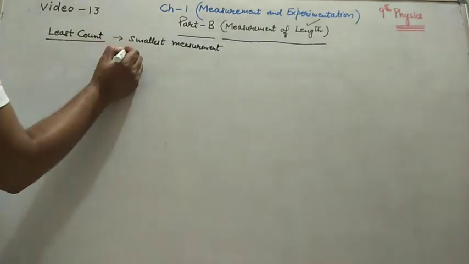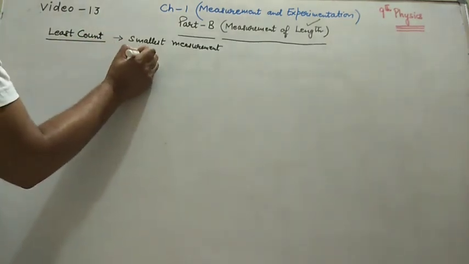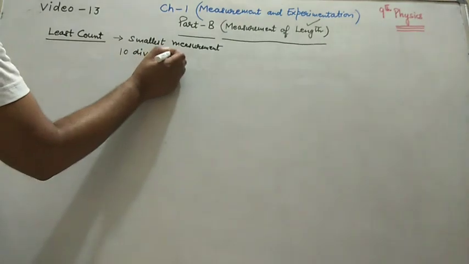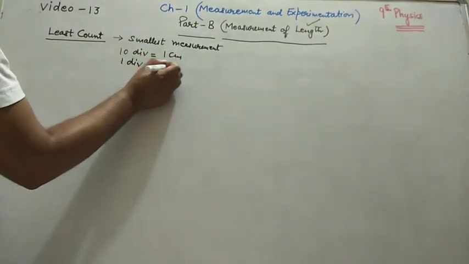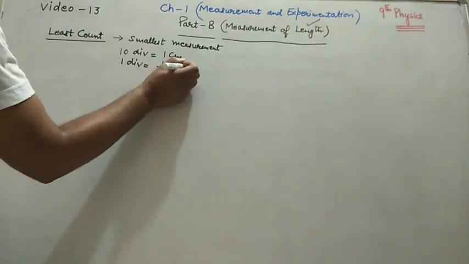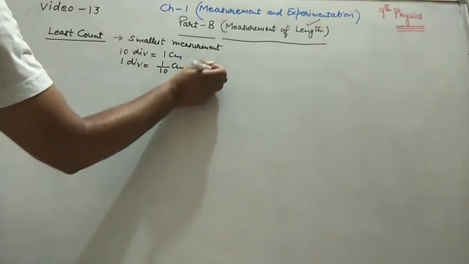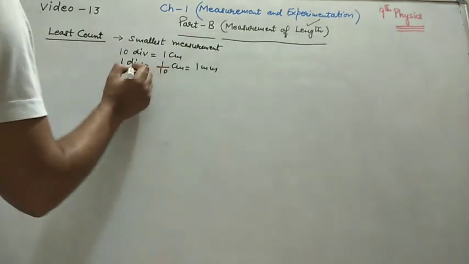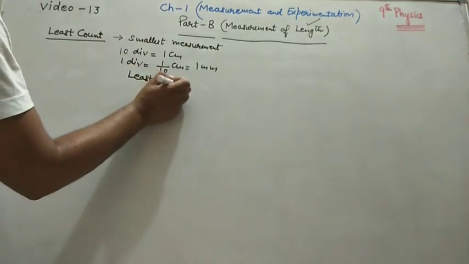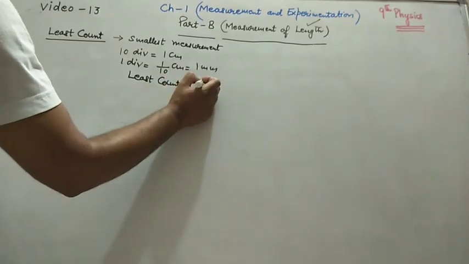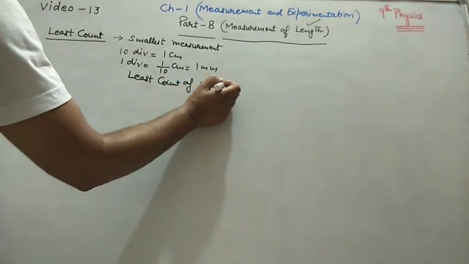There are 10 divisions equal to 1 centimeter. So 1 division is equal to 1 by 10 centimeter, which is equal to 1 mm. So this is the least count of a meter scale.